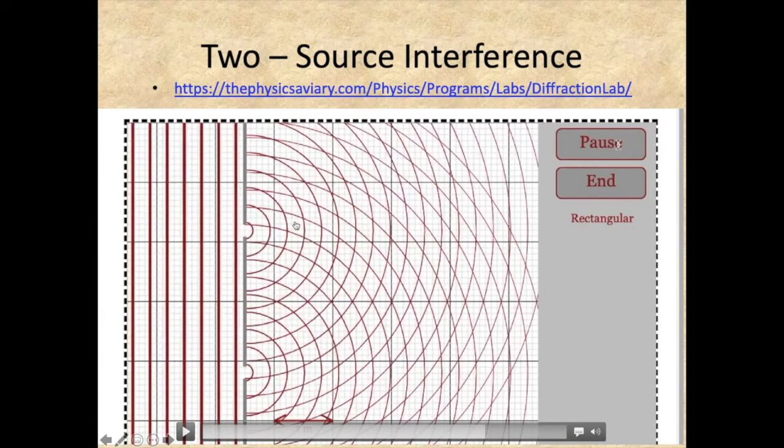The midpoint between 2 crests for each would be a trough. So this point here exactly would be where 2 troughs meet.